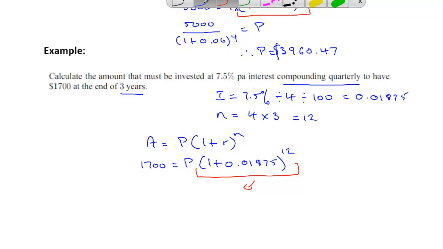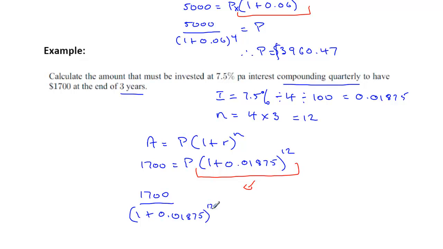So we've got 1,700. We're going to divide it by 1 plus 0.01875 to the power of 12. And that will give us P. Working this out, you should be able to get the answer, and P in this case should be $1,360.31. So that is the amount of money that must be invested.